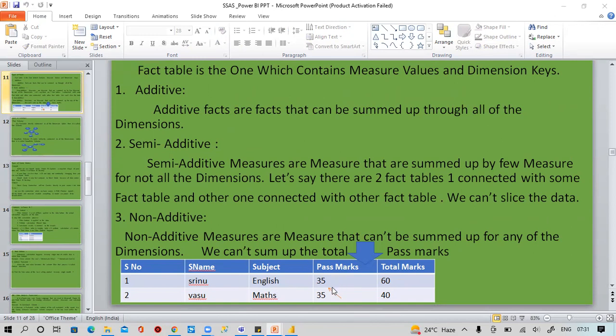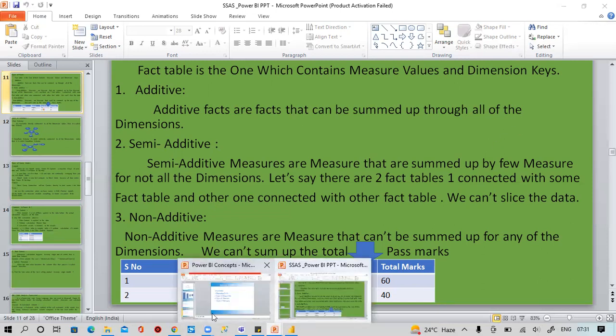Sometimes we see this when we work with fractions, where we need to do calculations dividing numerator and denominator. There we can see some kind of non-additive measures. If you know the concept, it is good. That's it.